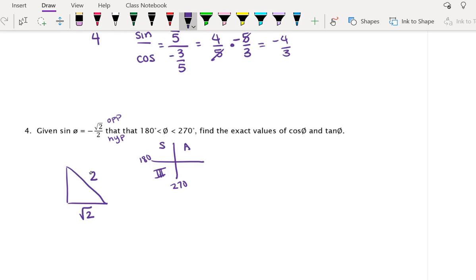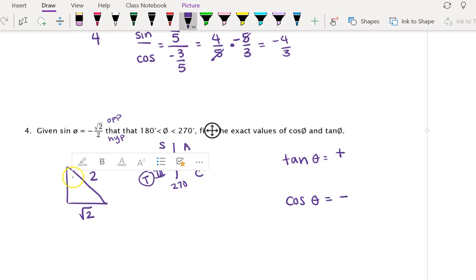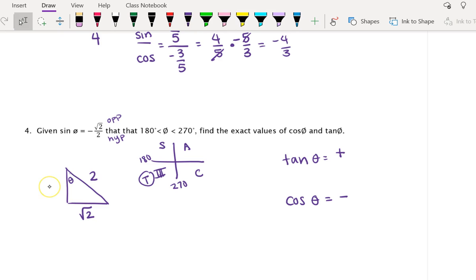All students take calculus, so tangent is positive. So tangent theta is going to be positive, which means that cosine theta is going to be negative. Sorry, I never put my theta in here. Here's theta. So here's my opposite, and my adjacent is unknown right now.